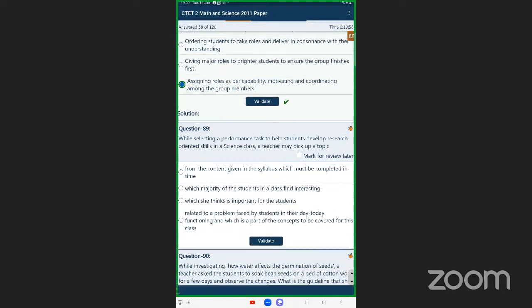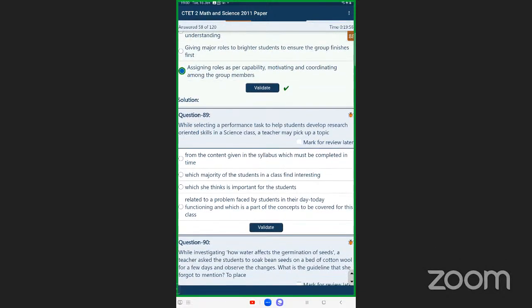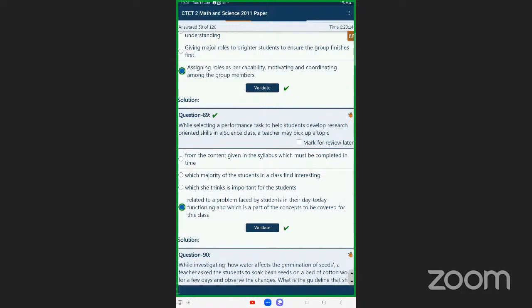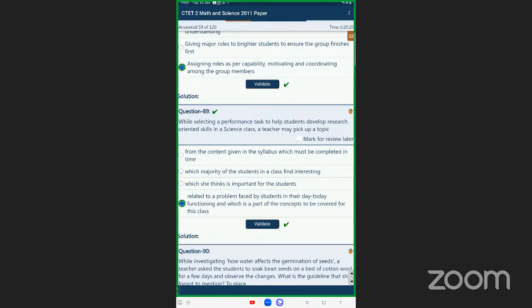Next, 89. While selecting a performance task to help students develop research oriented skills in the science class, a teacher may pick up a topic. What topic, student? This is related to problems faced by students in their day-to-day functioning, and which is part of the concept to be covered for the class.